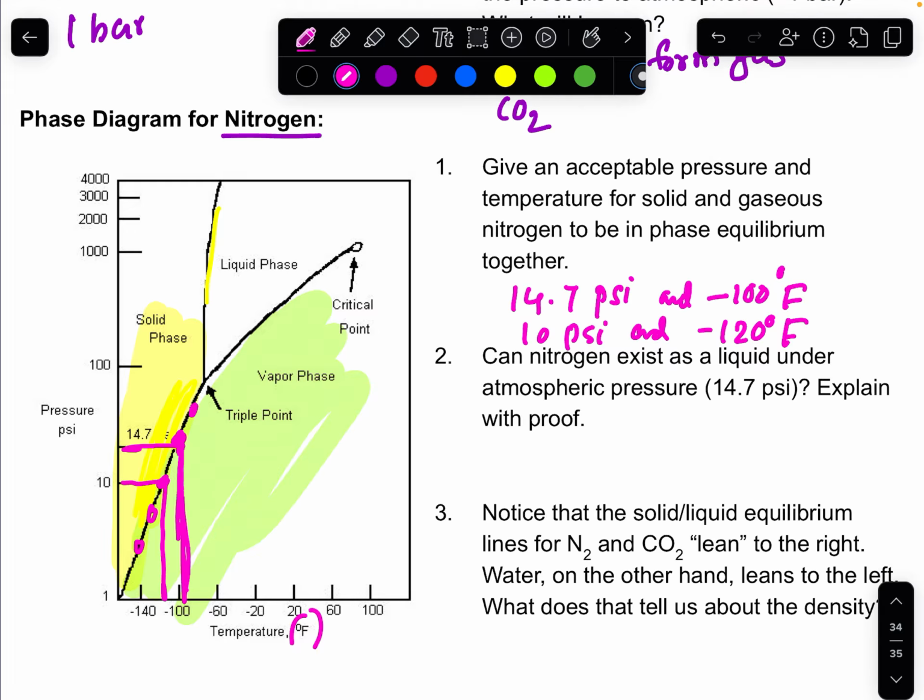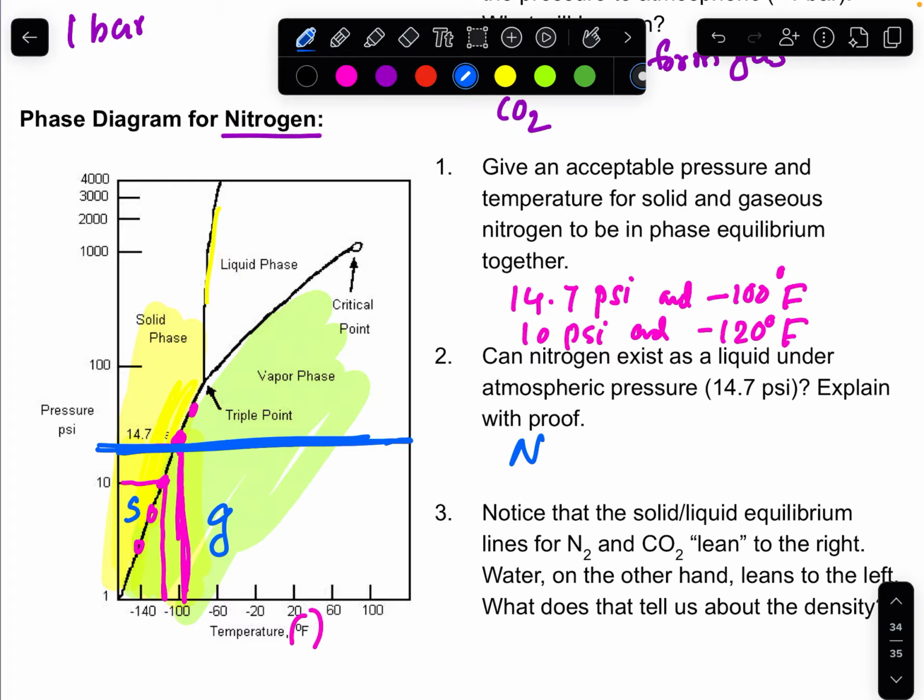Then can nitrogen exist as a liquid under atmospheric pressure 14.7? Okay, let's see. Okay, nitrogen under this, so that is this region, right? It is asking this region. No. So our answer will be no, because below this pressure 14.7, the only state possibilities are solid or gas.